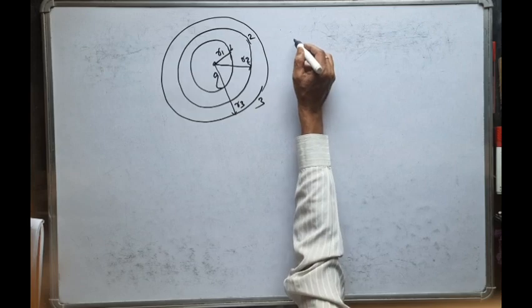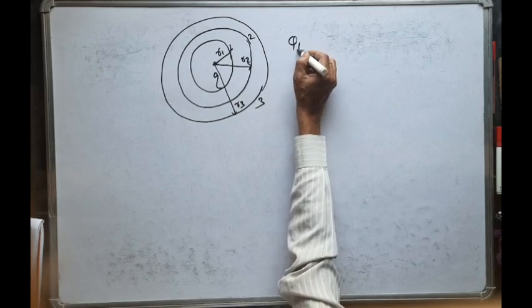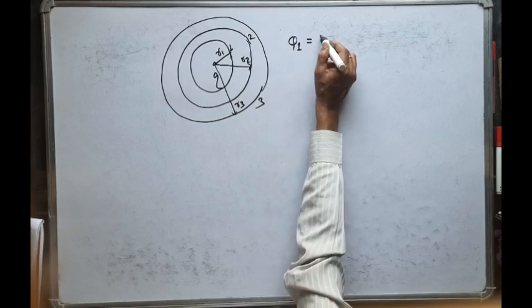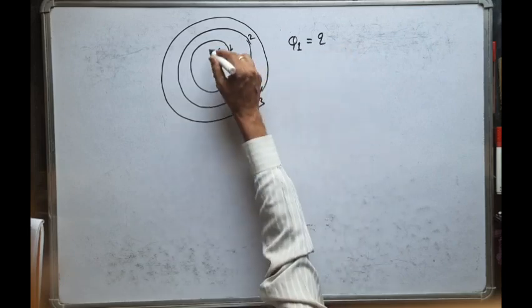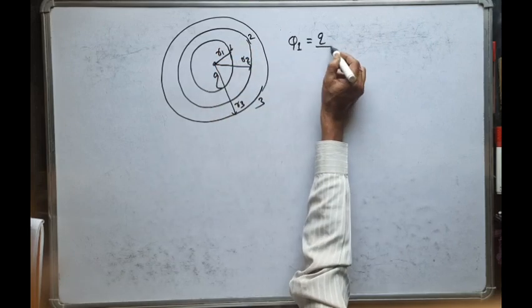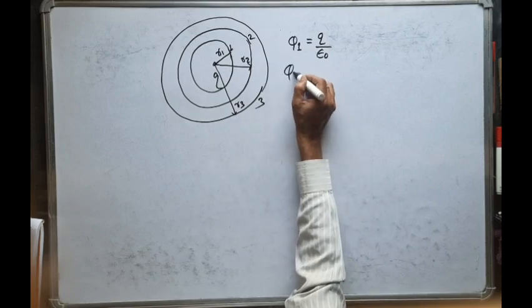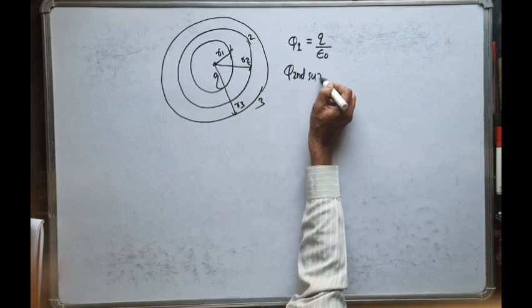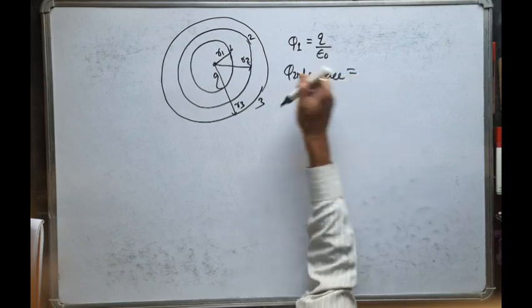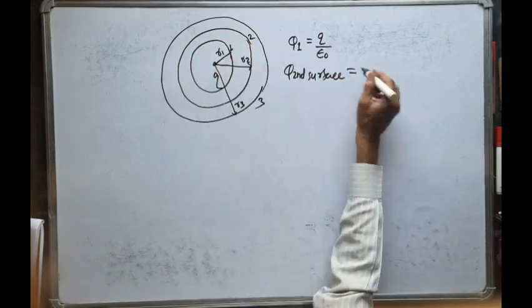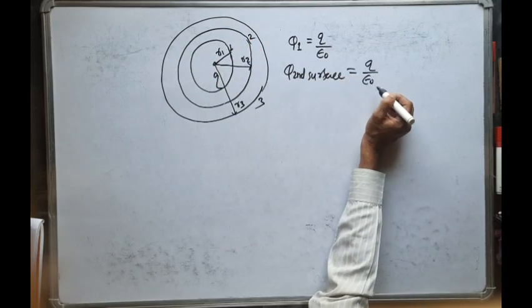If I find the flux through the first surface, your answer according to Gauss law is equal to the charge enclosed by this sphere, that is q divided by epsilon naught. If I want to find the flux through the second surface, that is also the total charge enclosed by the sphere, q divided by epsilon naught.